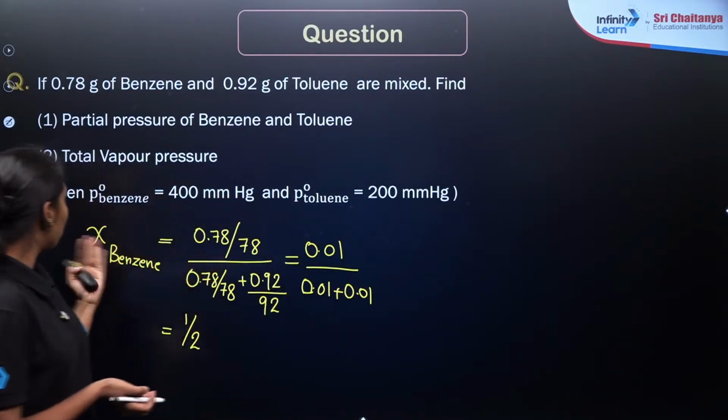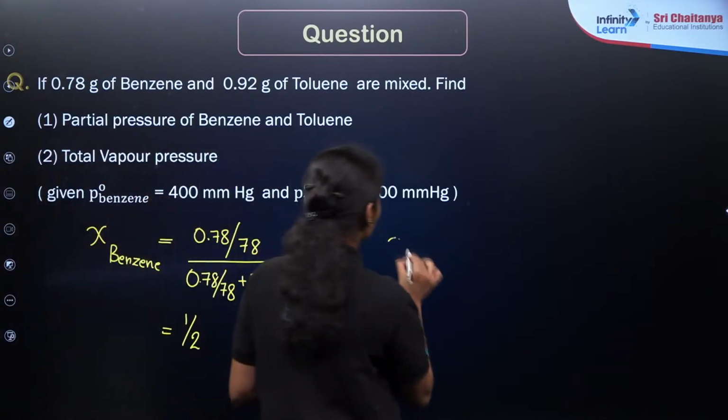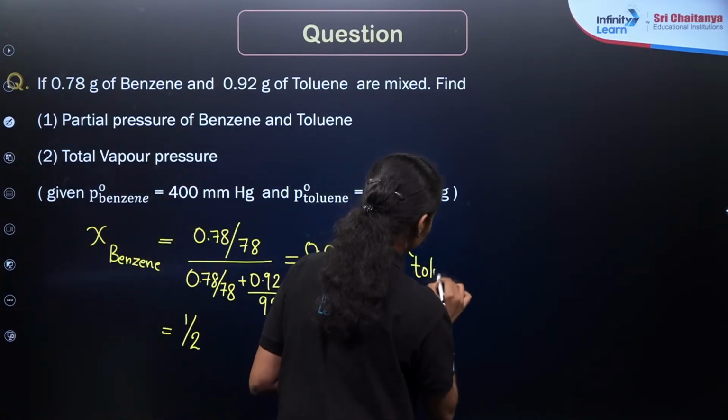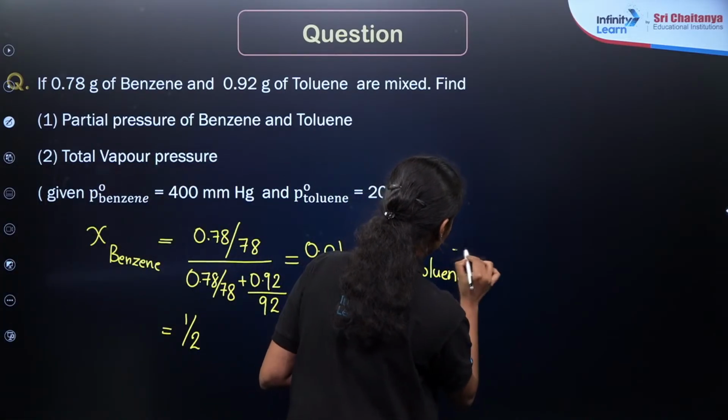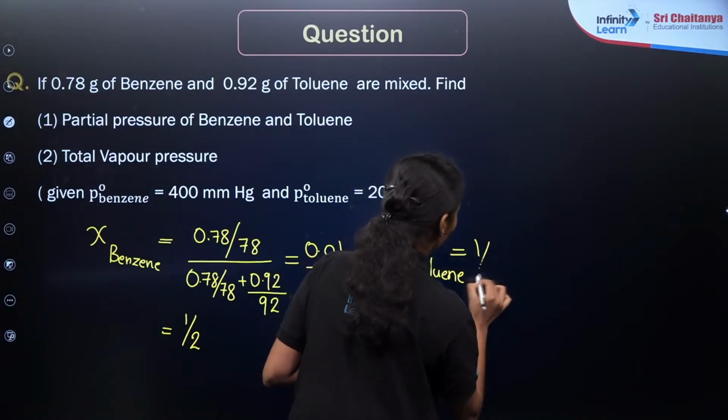Then what will be the mole fraction of toluene here? No need of calculation, right? Take the difference between 1 and half, it will be again half.